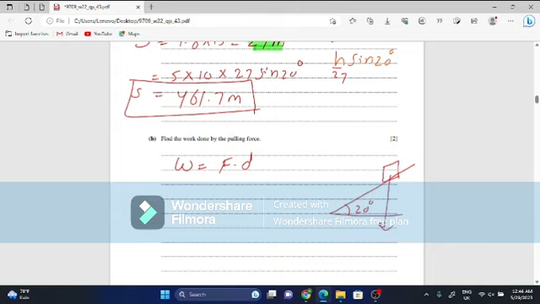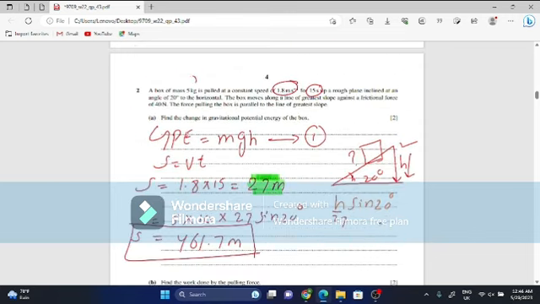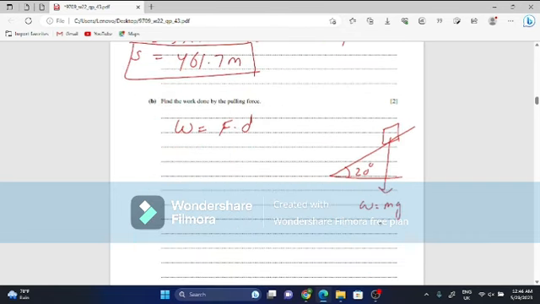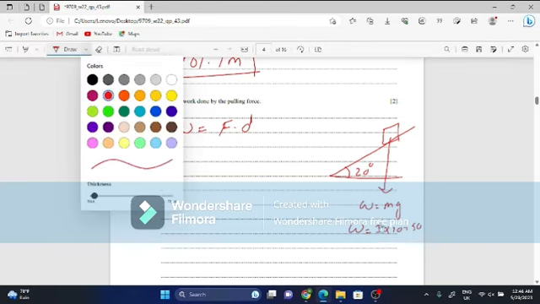Here is the body that is lying, and it is the weight of this body, that is equals to m times g. Mass is given to you in this statement, that is 5 kgs, and g is 10, so its w will be 5 times 10, that is 50. Now resolve this weight into its component along a horizontal component and a vertical component.